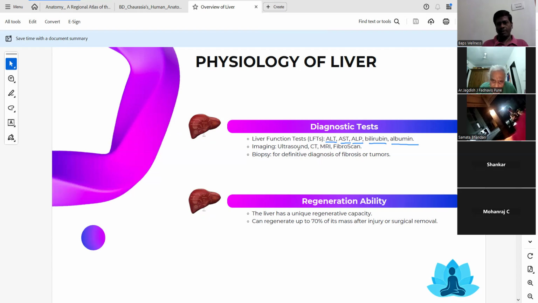And under imaging, we normally take an ultrasound. If any problem is there, then we will go for either CT or MRI or even FibroScan, very rarely.